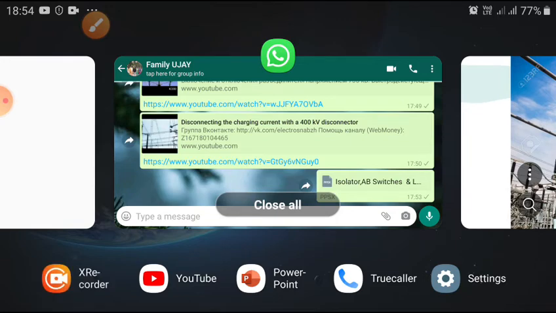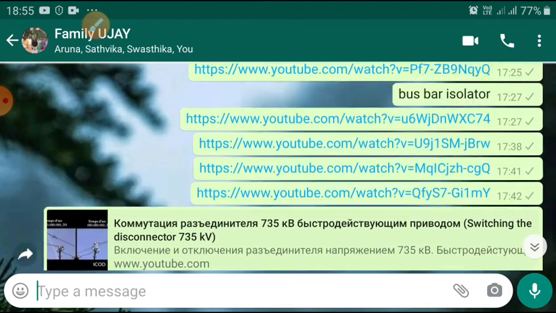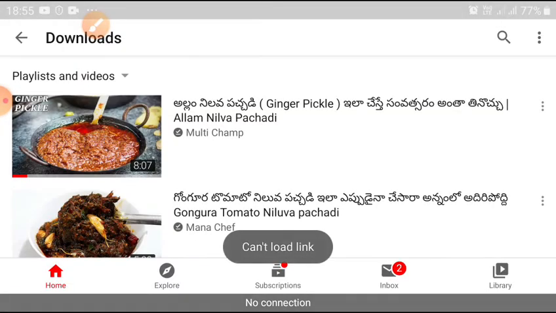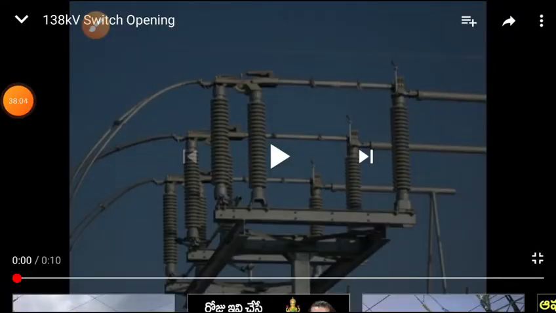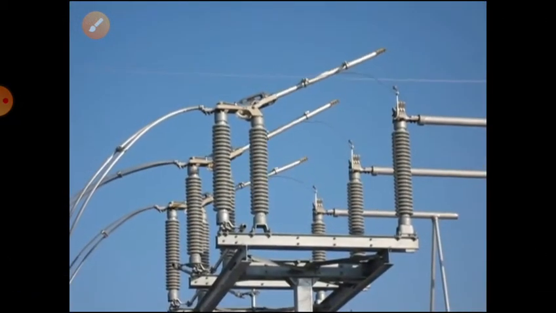Here you can see how the isolators open and what is happening.